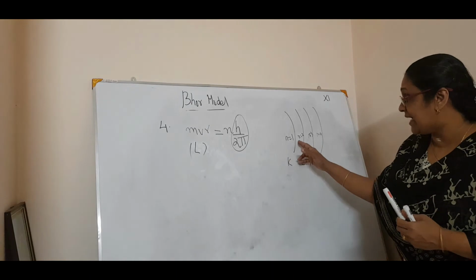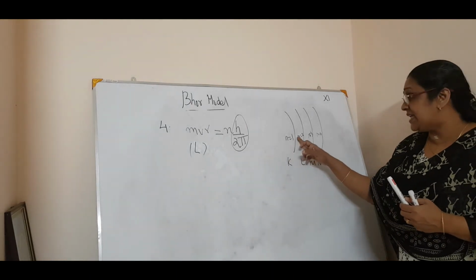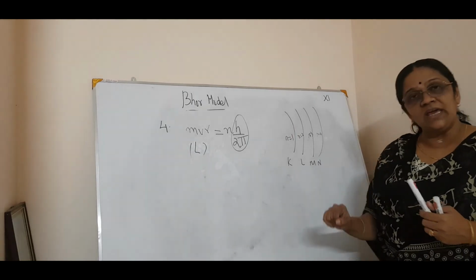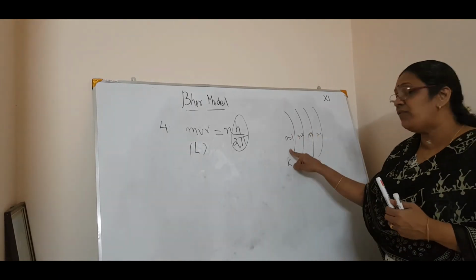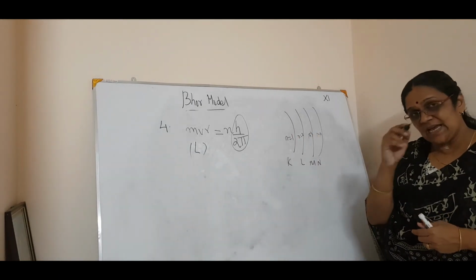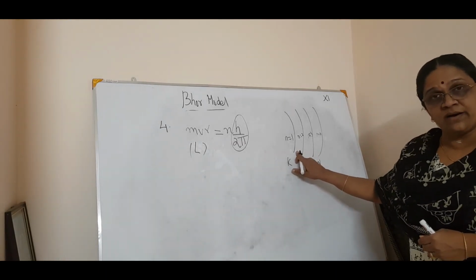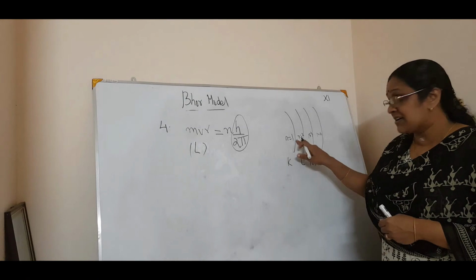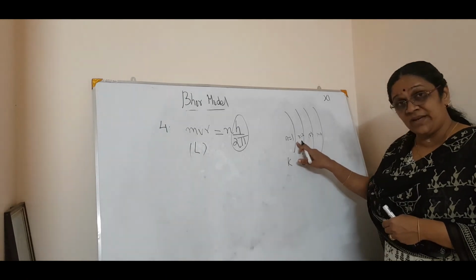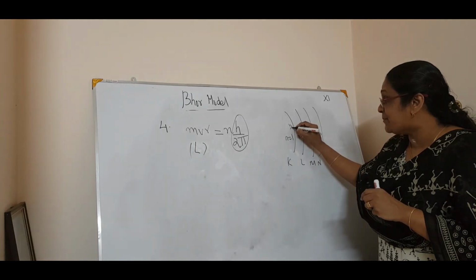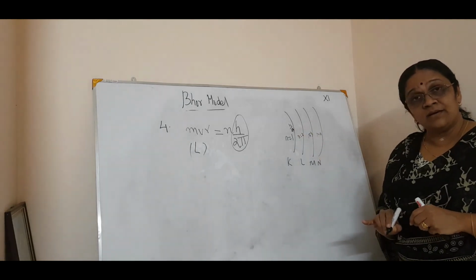Only if the angular momentum is an integral multiple of h by 2 pi can the electrons revolve in this orbit. For example, in the first orbit, n is equal to 1, the electron should have an angular momentum equal to h by 2 pi, correct?